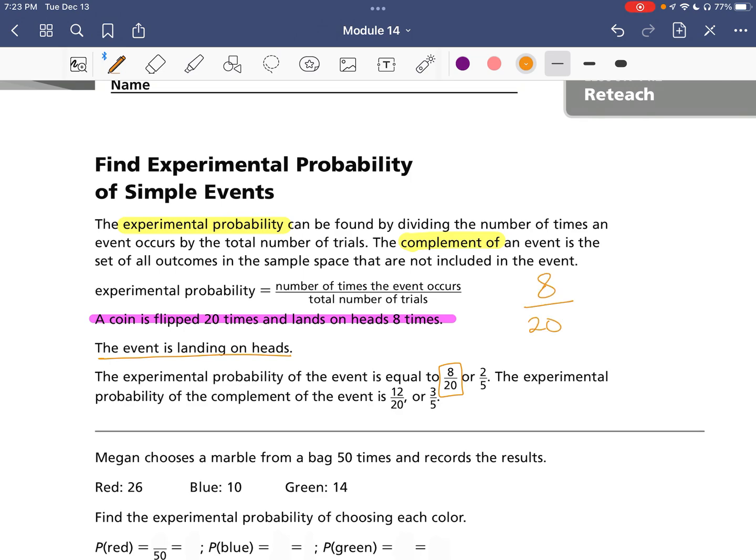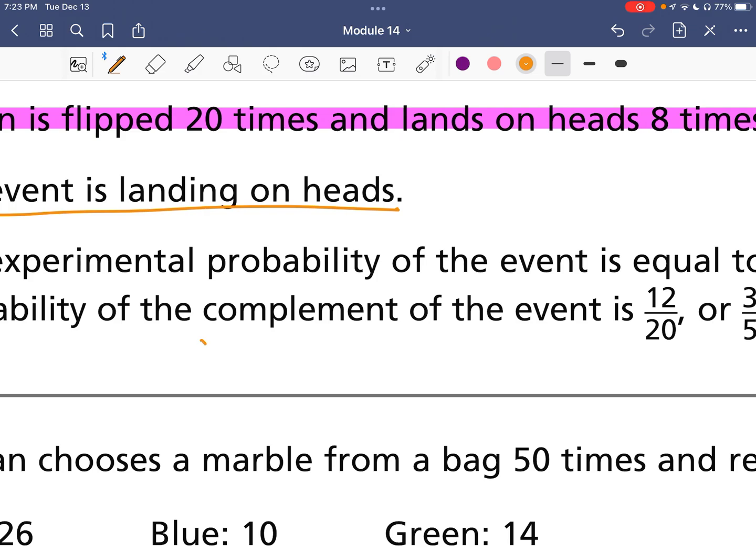If we were to simplify that, 4 goes into both of these numbers. This goes in twice. This goes in 5. So the experimental probability is 2/5.